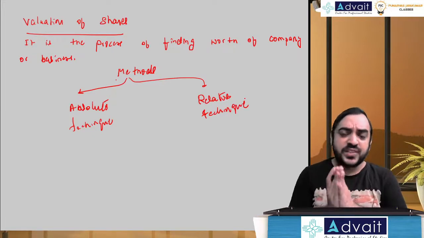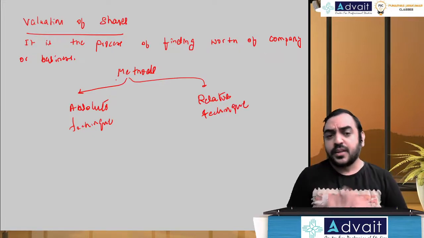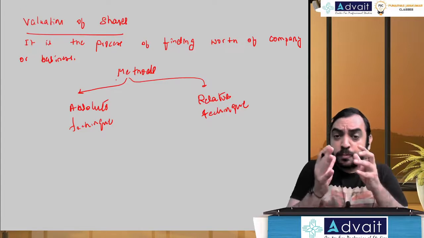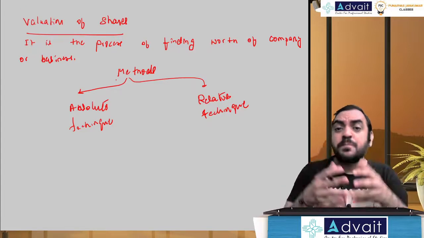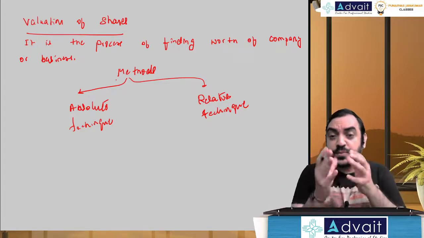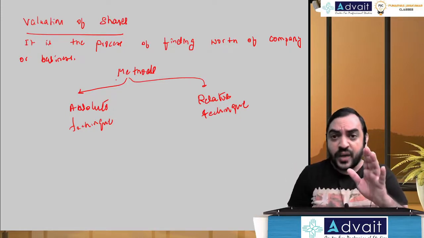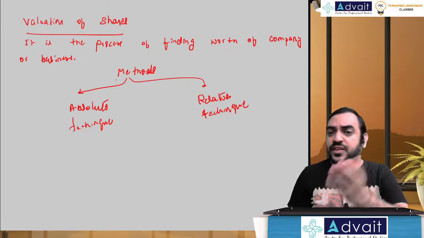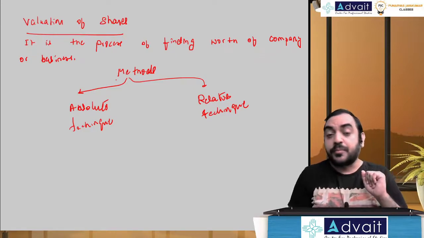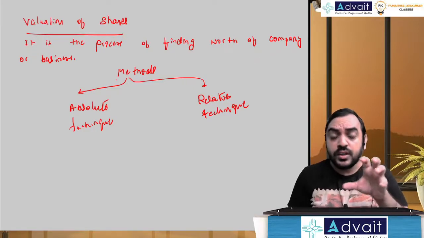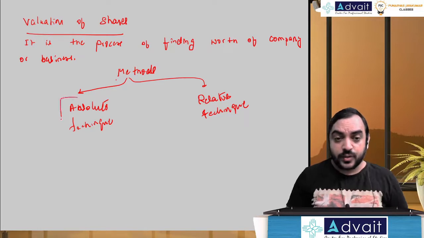Okay, what is this absolute technique and relative technique? Absolute technique means purely based on your company's data, your performance. Like book value, you can say. Your company's value of assets, your company's value of liabilities, what is the net worth of the company? Purely on your company's data.